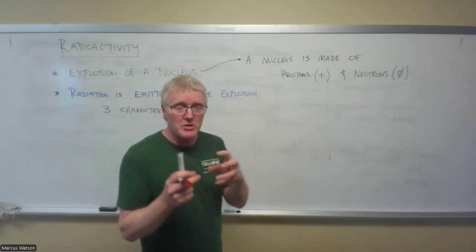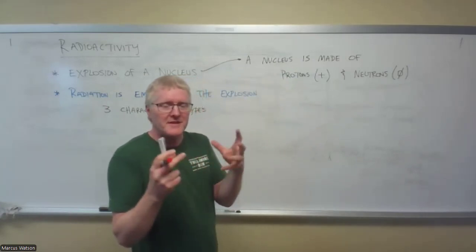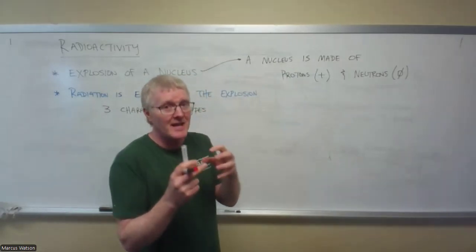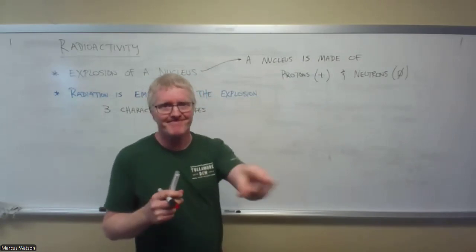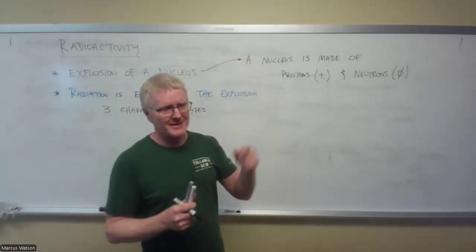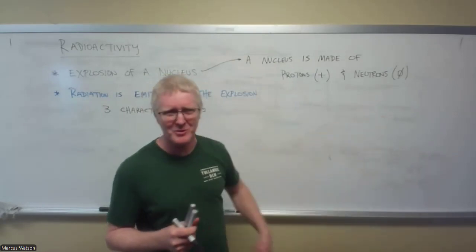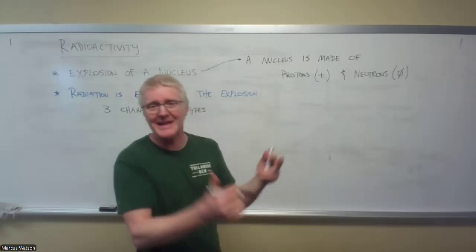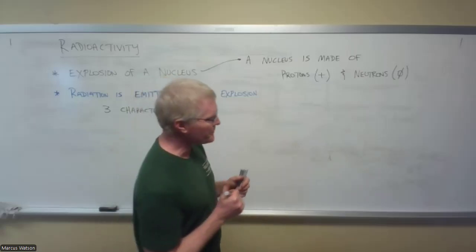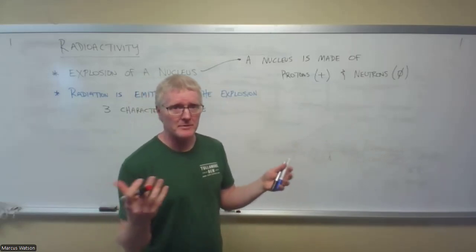Could you imagine the amount of repulsion that this nucleus is feeling? It does not take very much for these protons to go, you know what? I'm out of here. I don't want to live in this kind of condition with all these other protons. They're all repelling me. I'm getting out of here, okay?